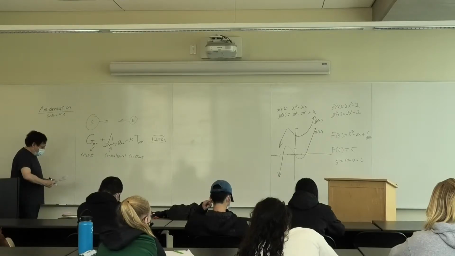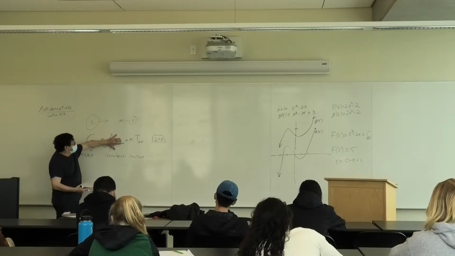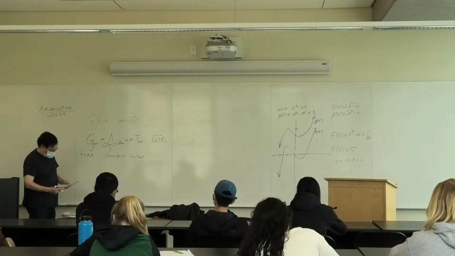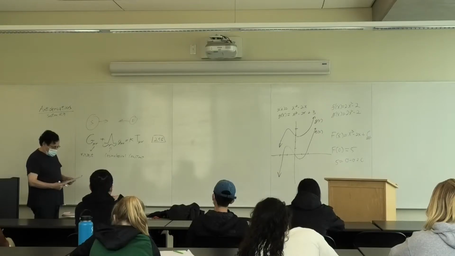Supposedly, in the original equation, Einstein left it out, and then he put it in. And then he was later heard to, supposedly, say this mistake was his greatest blunder.